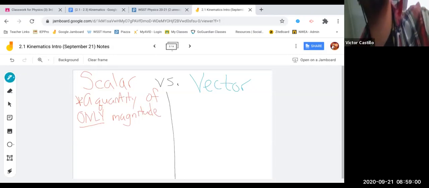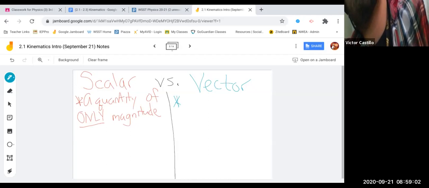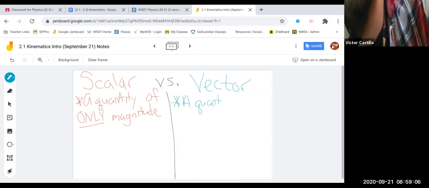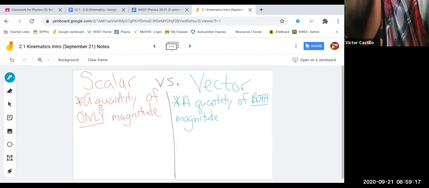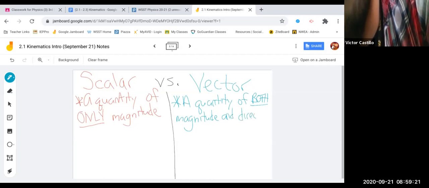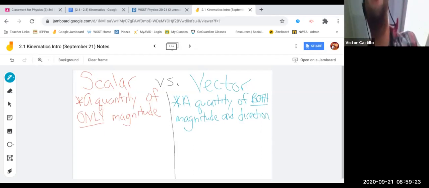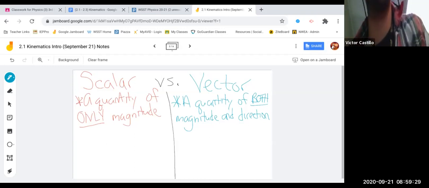While a vector is a quantity of both magnitude and direction. So not only how much or how little it is, but what direction is it going? That's the difference between a scalar and a vector.